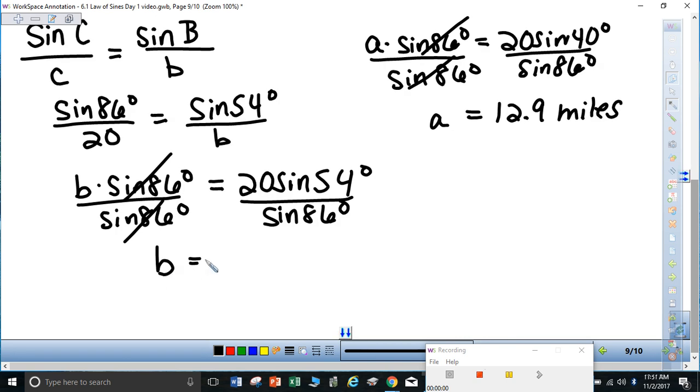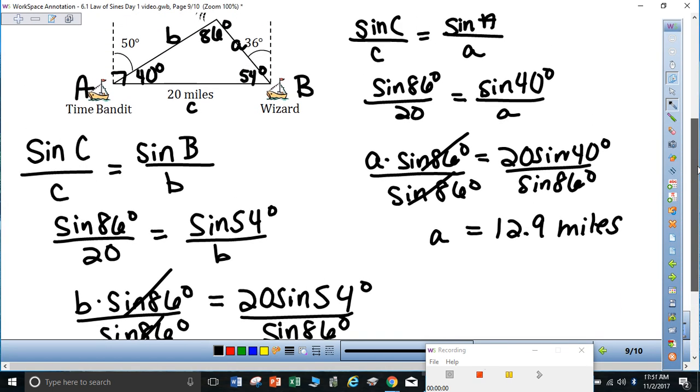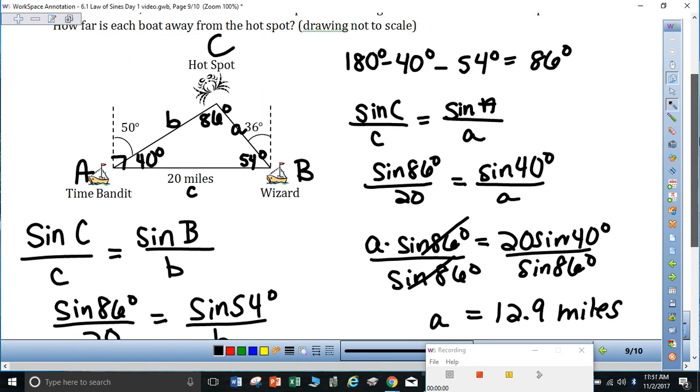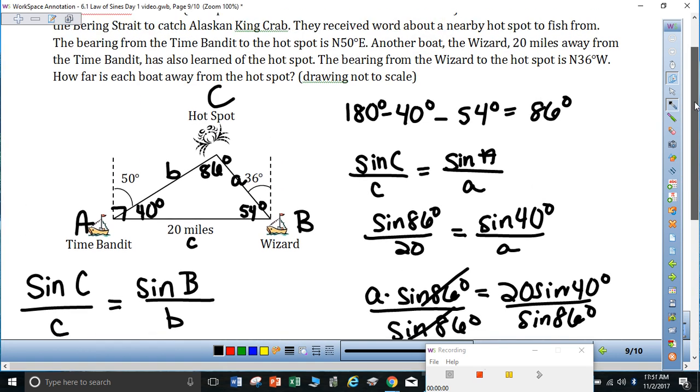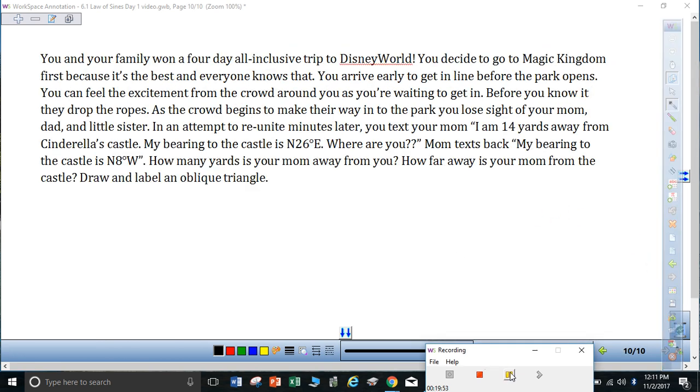Okay, and we end up getting that B is 16.2 miles away. So the Time Bandit is a little bit further away than the Wizard is. Obviously, there's a lot of other factors to think about. If the question was wanting to know who's going to get there sooner, there's a lot of factors: speed, wind, conditions in the water, lots of things that we can think about to continue this scenario. But if we're just figuring out the distance, that's how we do it.